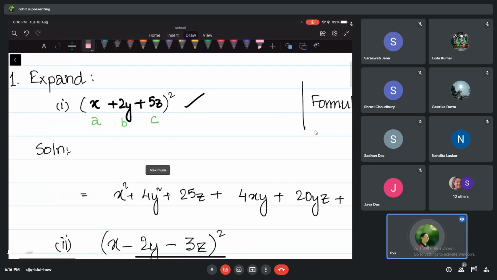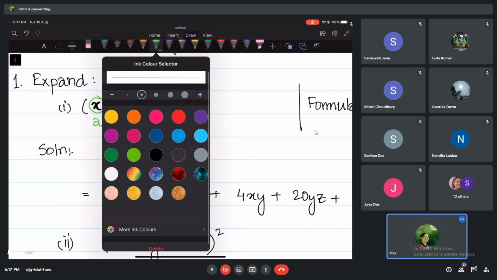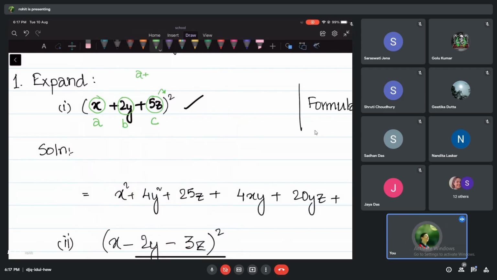We're going to apply this formula because it's exactly the same. This is like a, this is like b, this is like c, whole thing square. Can you understand? Yes, sir. Okay, now we apply. If you want me to write, I'll write the formula for a plus b plus c whole thing square again. What is the formula?